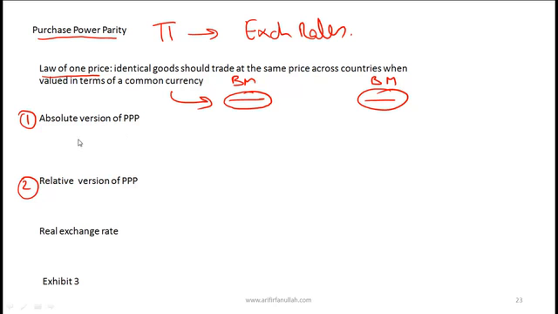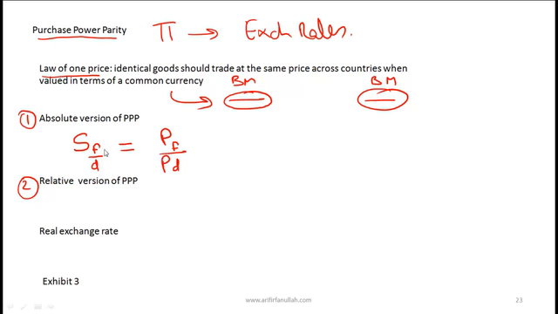So in other words, the exchange rate expressed as, say, foreign currency to domestic currency should purely be given as the ratio of the price levels. So in this case, it would be the ratio of prices in the foreign currency divided by prices in the domestic currency.